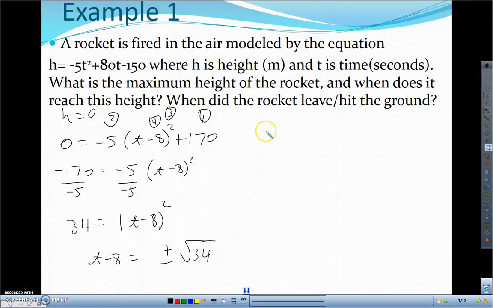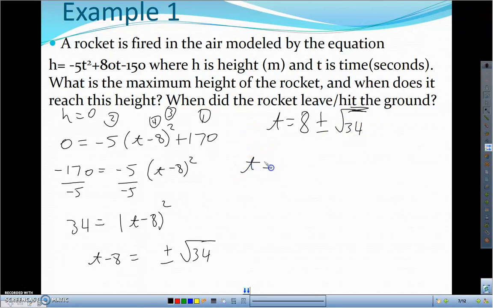And this is where I've got t is equal to, now the plus or minus is connected to this 34. When I move the 8 over to this side, I put the 8 first, plus or minus the square root of 34. This is not going to be a nice answer, and we know that because the square root of 34 is not nice. In fact, it's irrational, which means it's a non-repeating decimal.